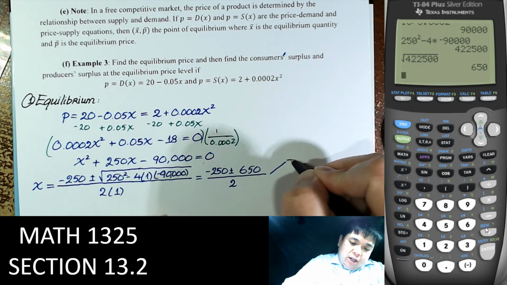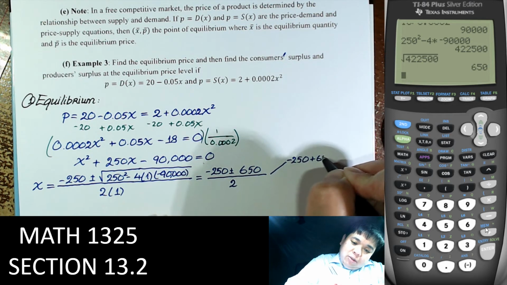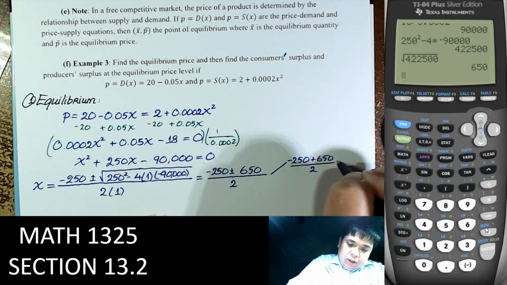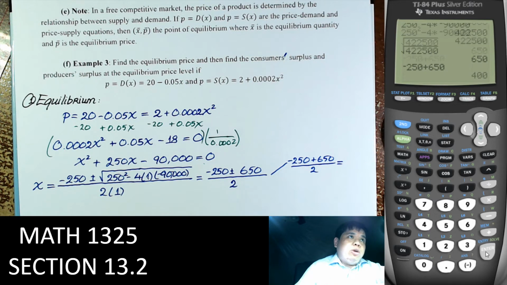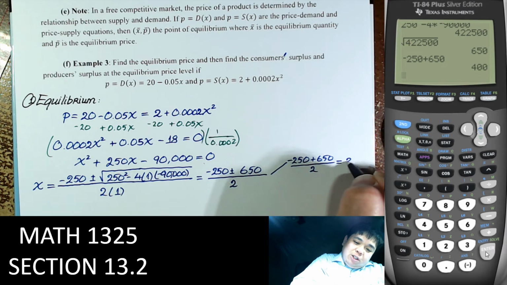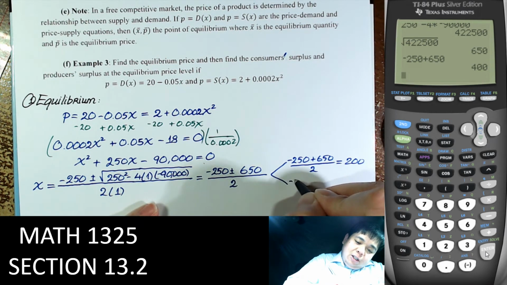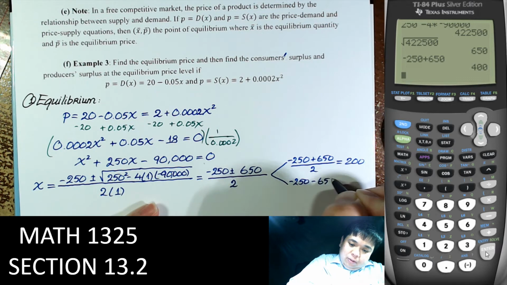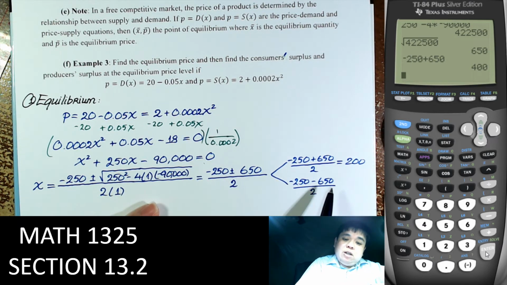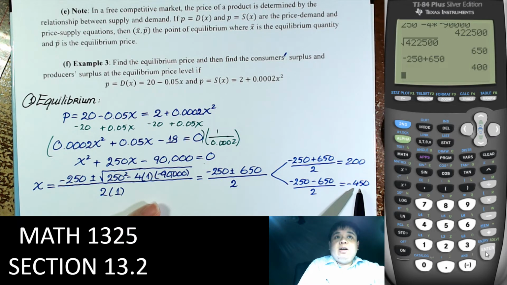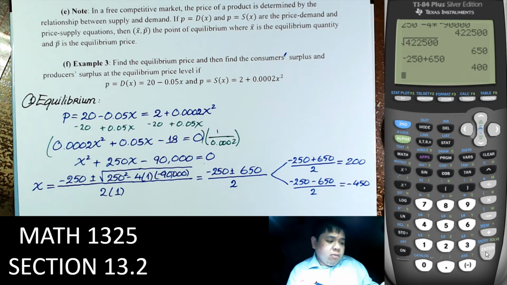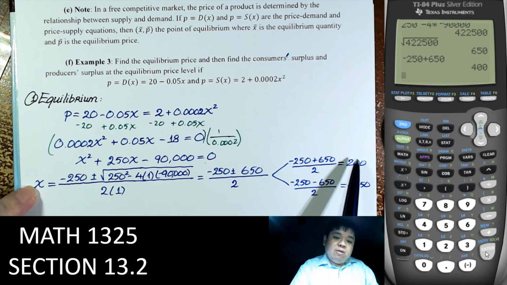So one of them is negative 250 plus 650, divided by 2. That's 400 divided by 2, so 200. The other is negative 250 minus 650, that's negative 900, so negative 450. We know the answer cannot be negative because x is the quantity and must be positive, so that's 200.